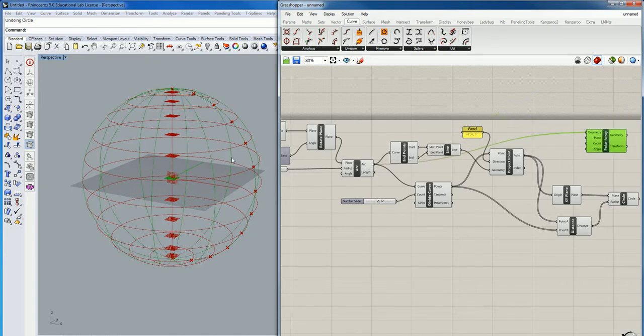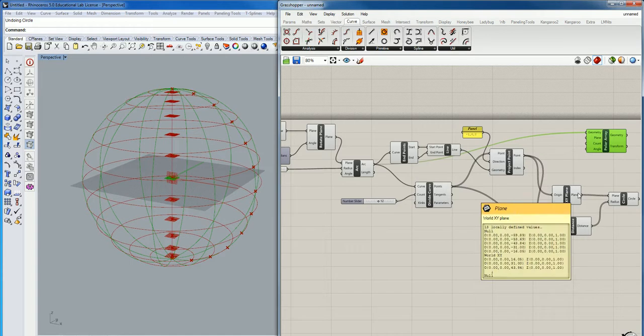Okay? All right, so then it did some, right? And so the next thing is plane, and it's already created a plane right there at the origin. Okay? So the count is the next thing. So if we want the meridian lines to be 15 degrees apart, like the lines of latitude, how do we figure that out?